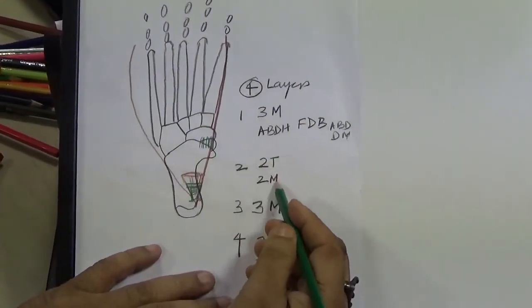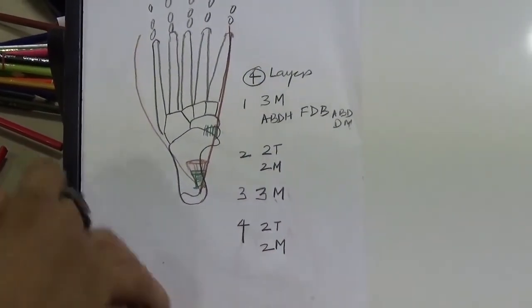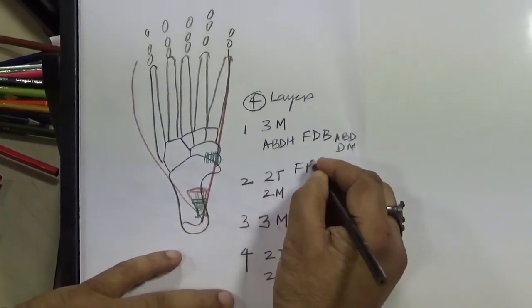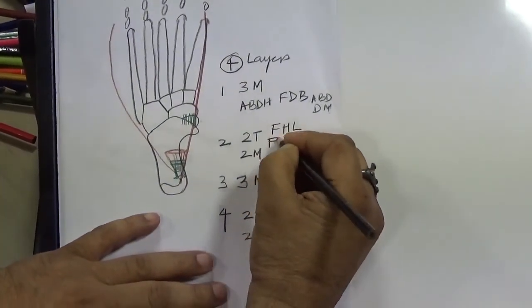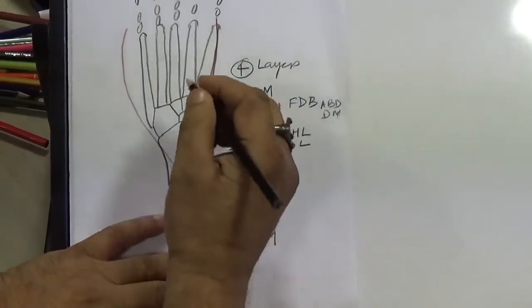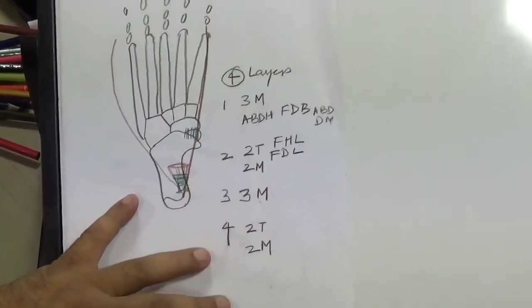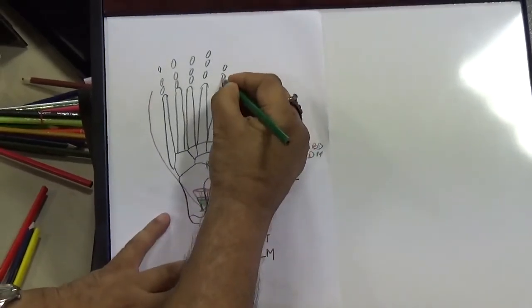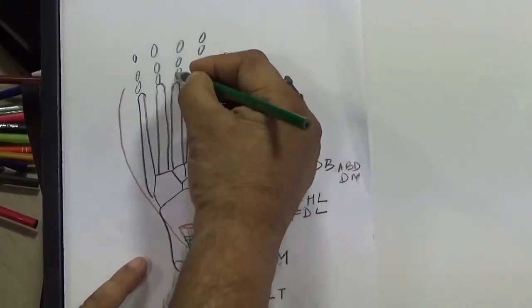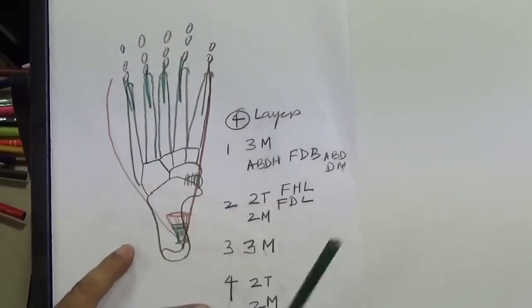Then you have 2 tendons and 2 muscles. The 2 tendons are flexor hallucis longus and flexor digitorum longus. The hallucis longus goes here and the digitorum goes here.